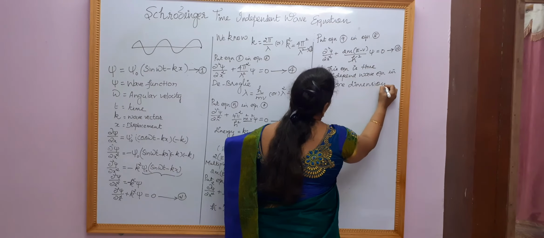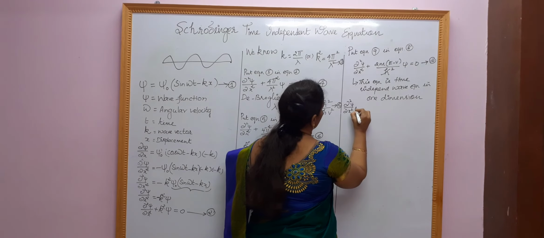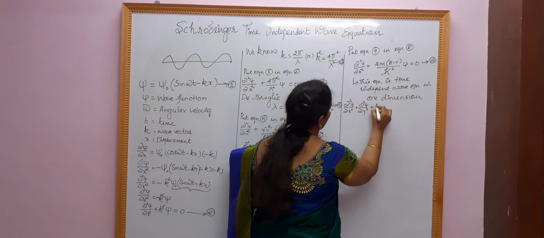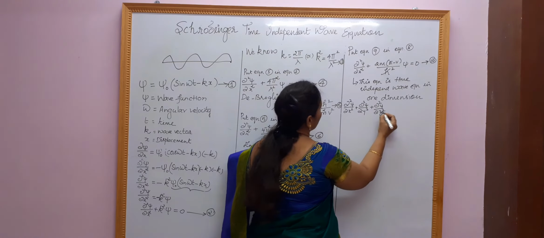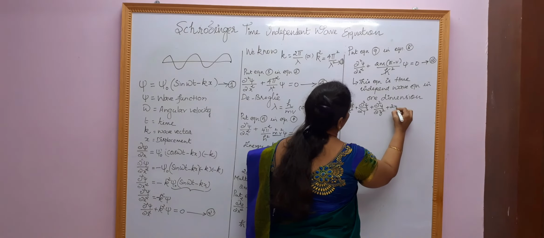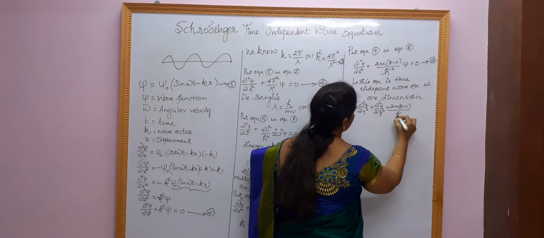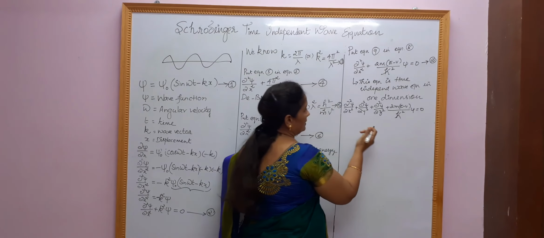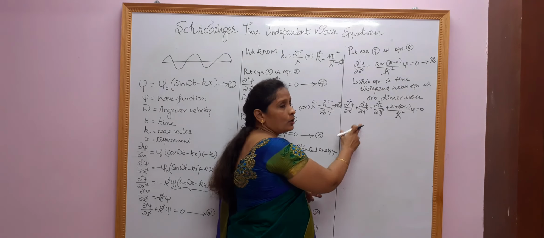Dou square psi by dou x square plus dou square psi by dou y square plus dou square psi by dou z square plus 2m(E minus V) by h cross square psi is equal to 0, and this is the Schrodinger time independent wave equation in 3 dimensions.